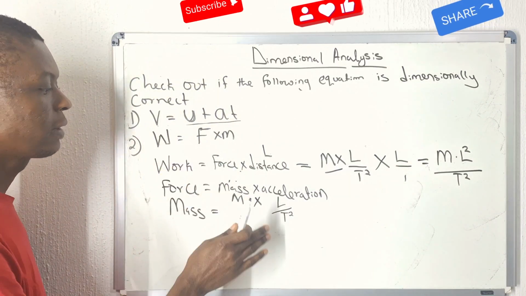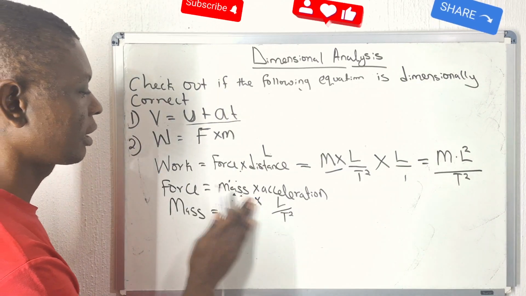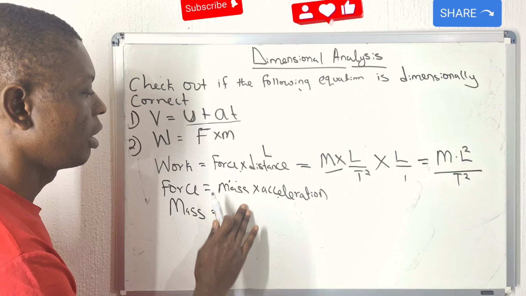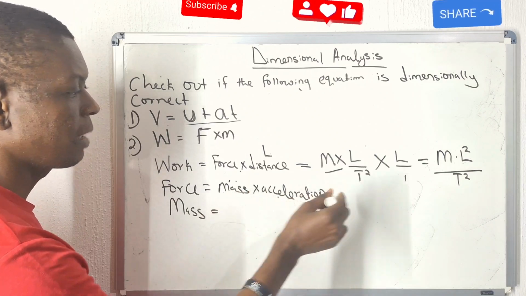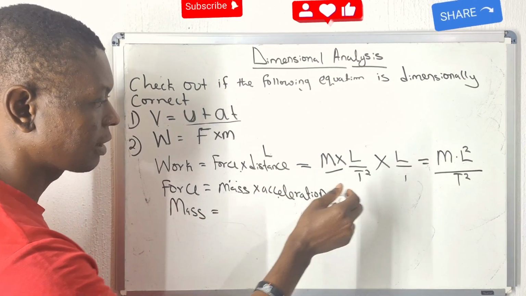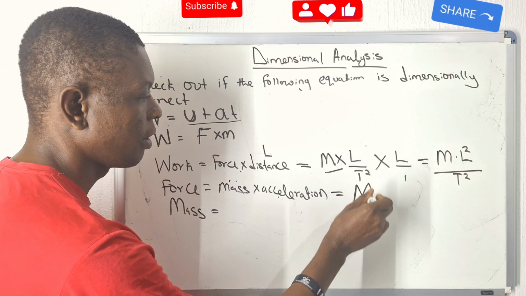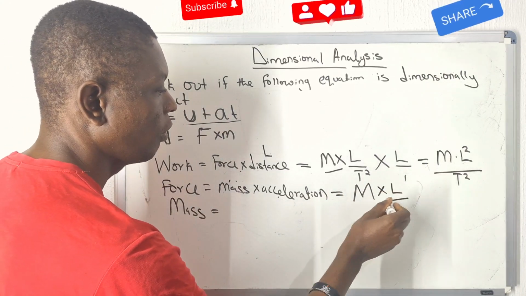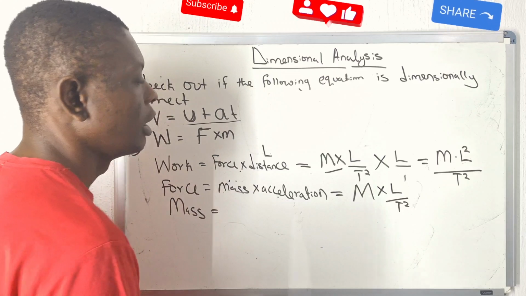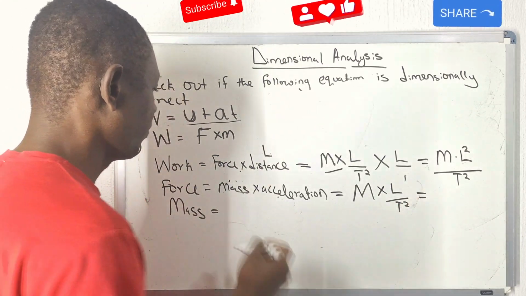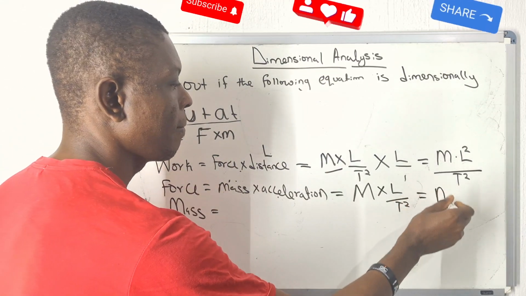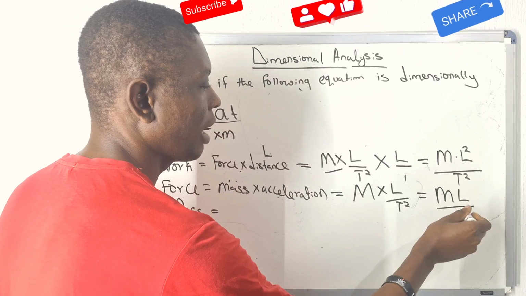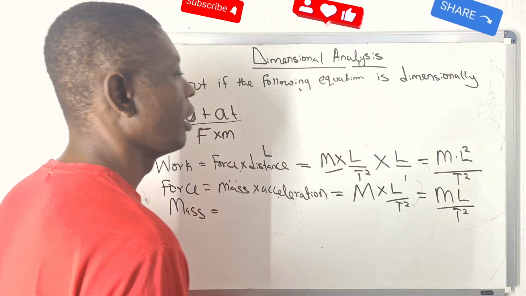Now, what is force in dimensional analysis? Let me write it fully here. Force is mass times acceleration. Our mass is capital letter M, and acceleration is L over T squared. So force is M L over T squared.